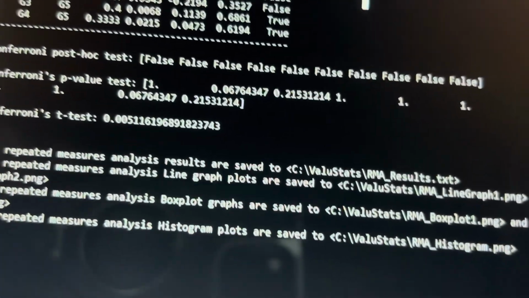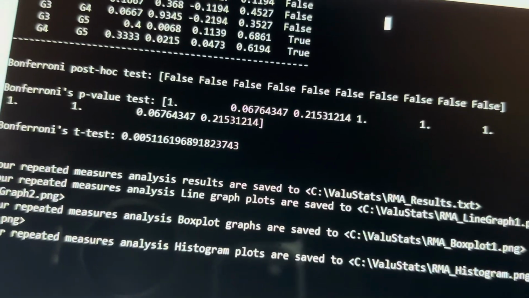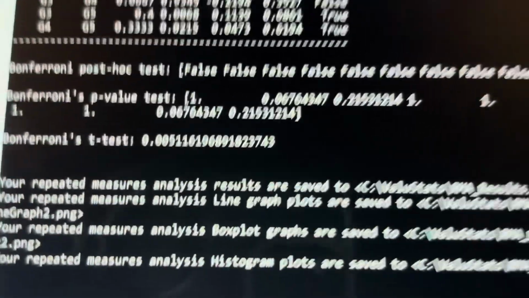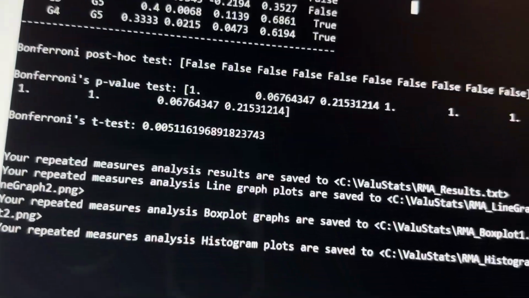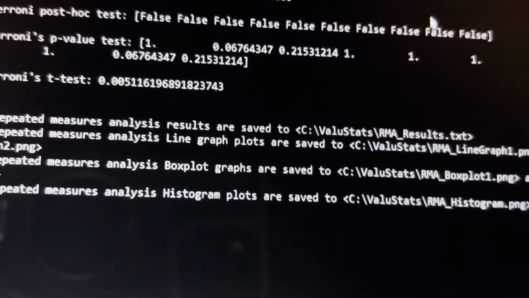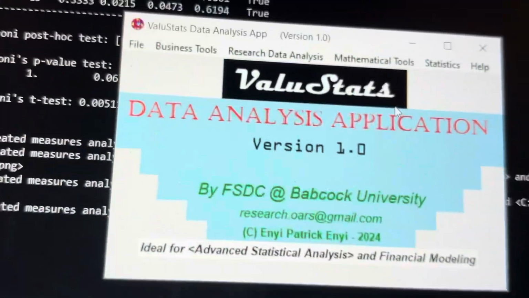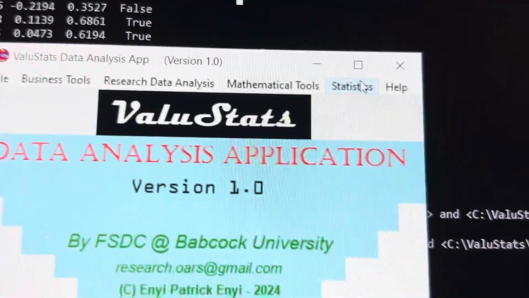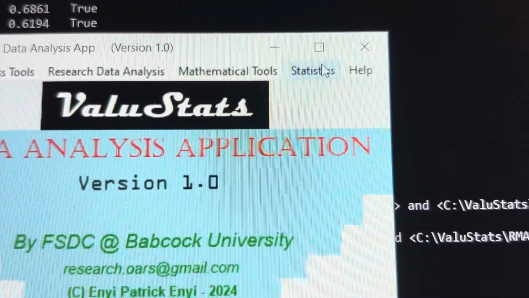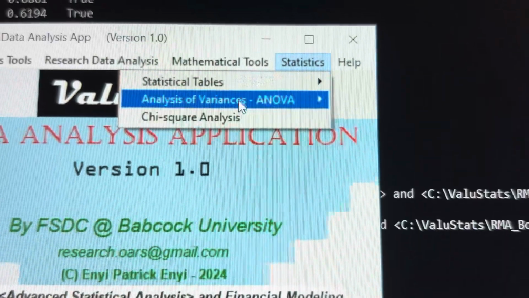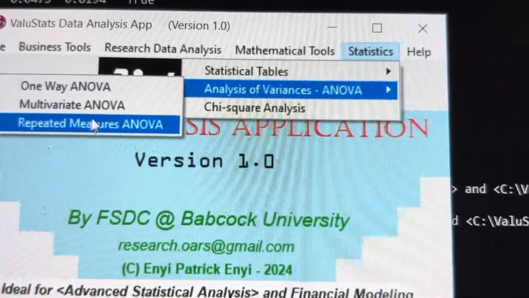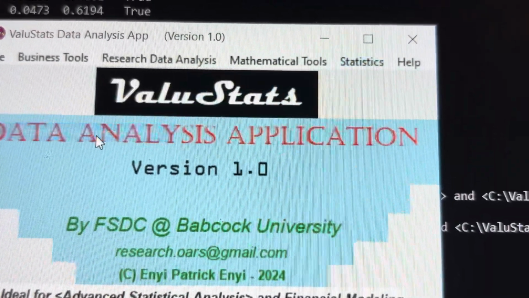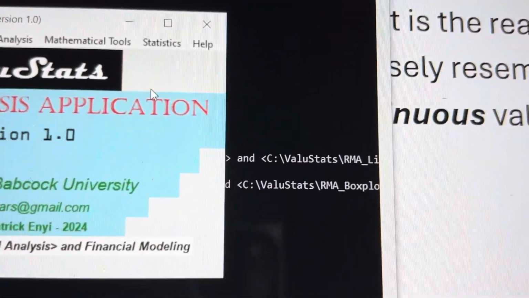Now let us do the test for the second one. We are done for the medical now, and this is what the medical is saying. Now let us do the test for the exam. Then we choose again, and we wait.